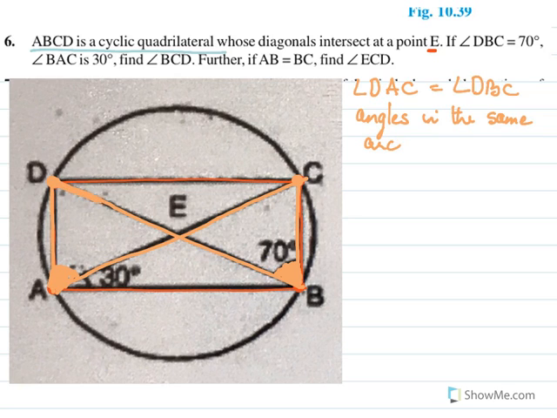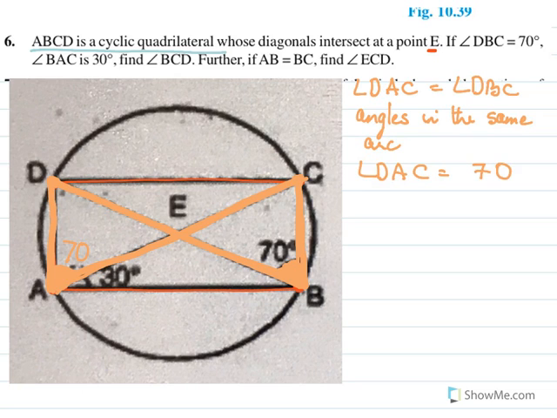We have here DBC, the arc is DC, and from this arc again I take DAC. So these angles are equal, so that is 70, this is also 70. So angle DAC is also 70. Now this full angle here is 70 plus 30, and that is 100. So angle DAB is equal to 70 plus 30, which is equal to 100.